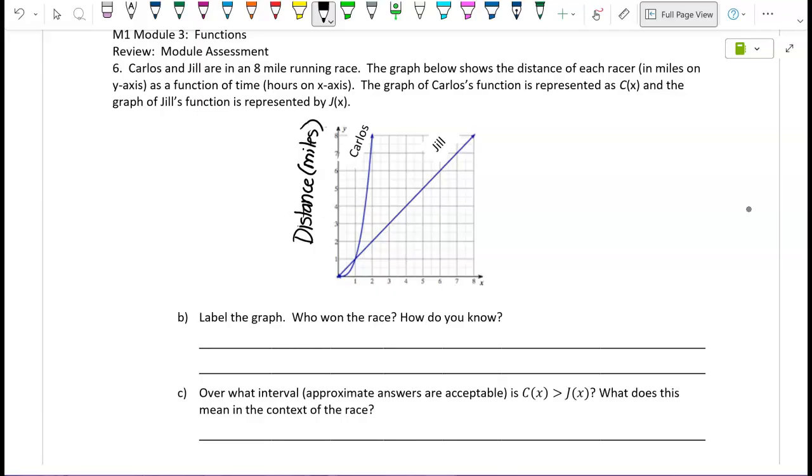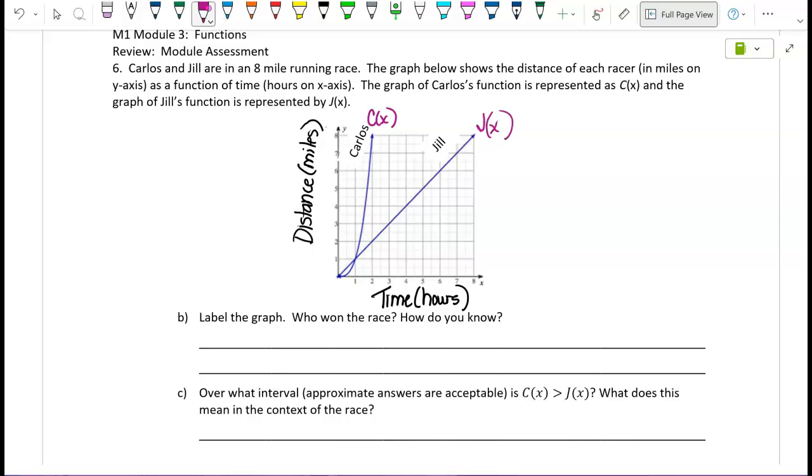My x-axis is time, and again in parentheses I'm going to put hours because they said that's the unit of time I'm using. And then they told me that Carlos's function is c of x and Jill's function is j of x. So we did the first part of question B.